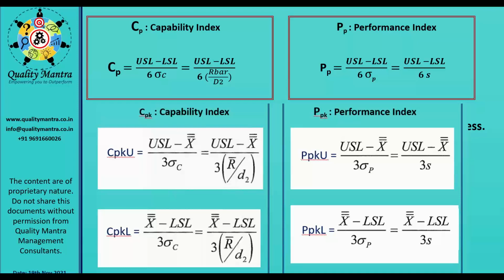That is what X double bar means: the average of the averages. If you are calculating it for the IMR chart, it will be simply X bar, because there you are taking X bar. Whereas in the case of the X bar R chart and X bar S chart, you have to utilize X double bar, the average of the averages.